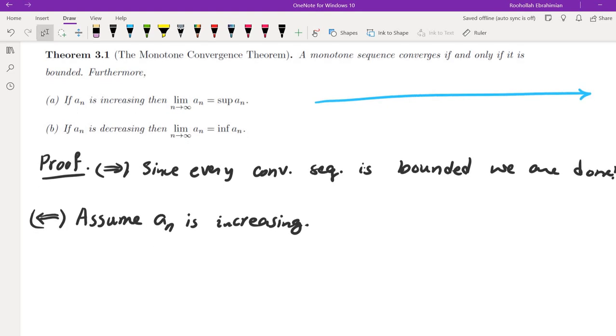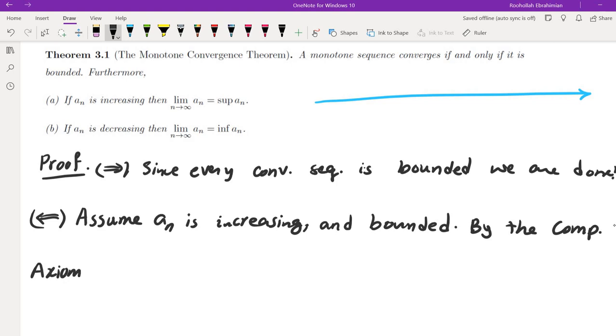If a_n is increasing, there's a supremum because we know it is a bounded sequence. So assume a_n is increasing and bounded. In any case, since it is bounded, it has a supremum by the completeness axiom.